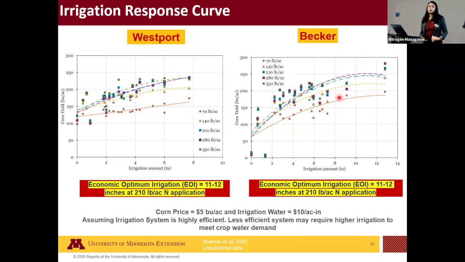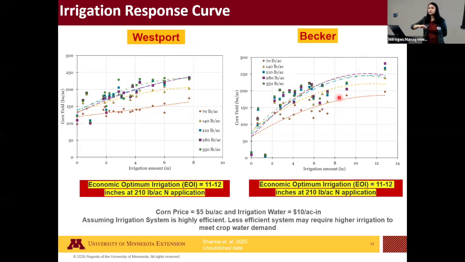But is irrigation or water the only driver for yield? Maybe not, right? There are other factors, like temperature and vapor pressure deficit, that drive your yield. With irrigation management, our main focus is to fulfill the water demand, or whatever the water requirement of the crop is. The better estimation of that is evapotranspiration.